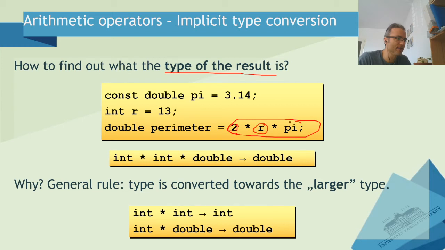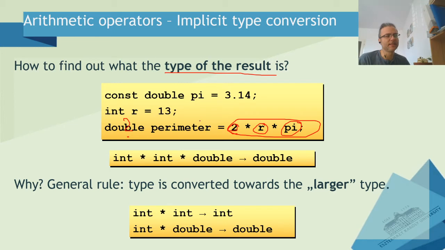Pi is a double. So the question is, what is the type of the result? It's easy to see that it must be double, because the result typically is a floating point value, right? Yes.